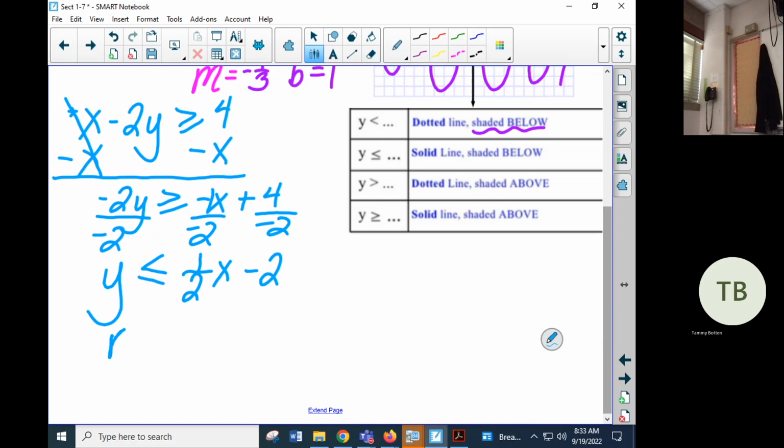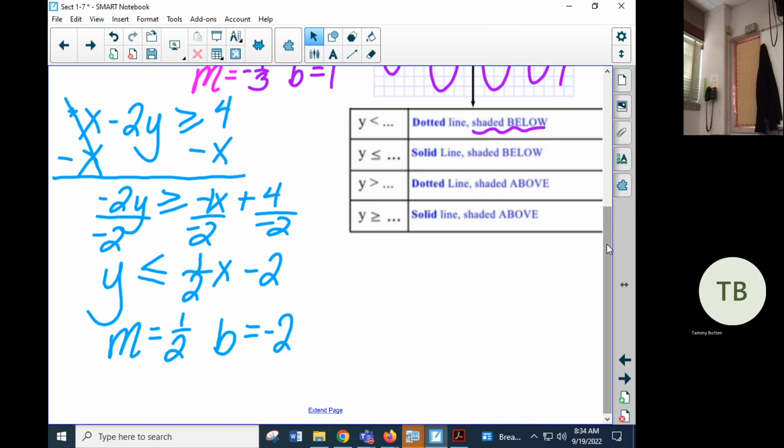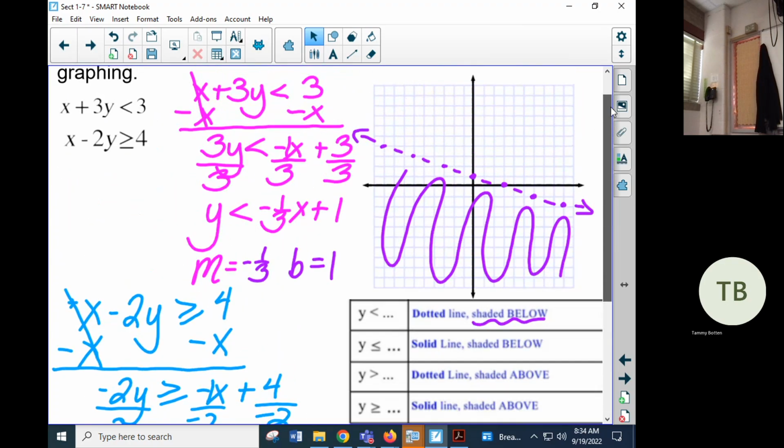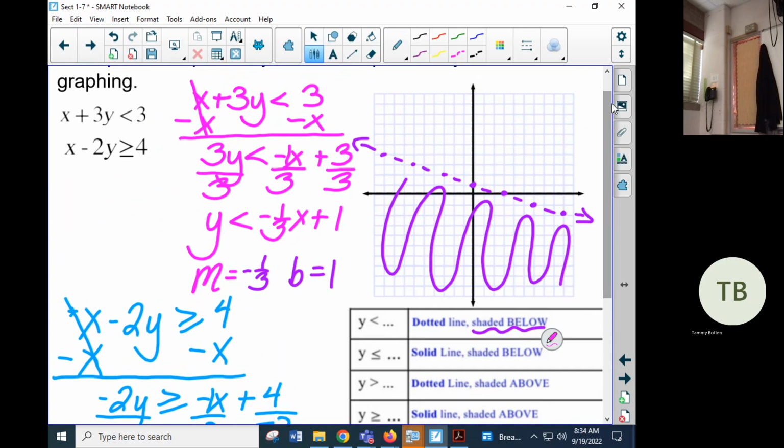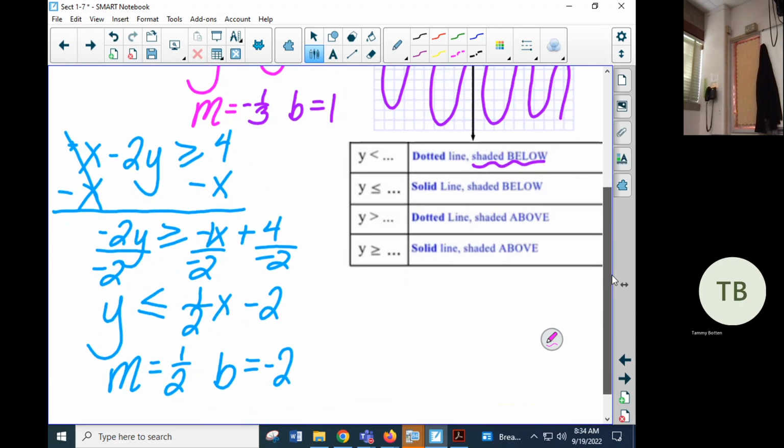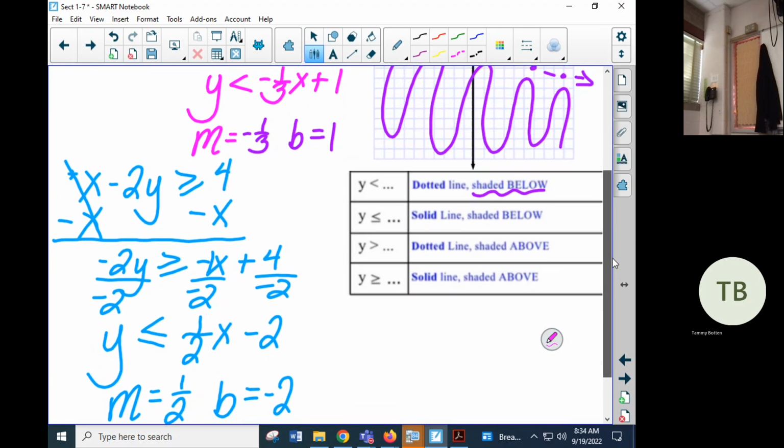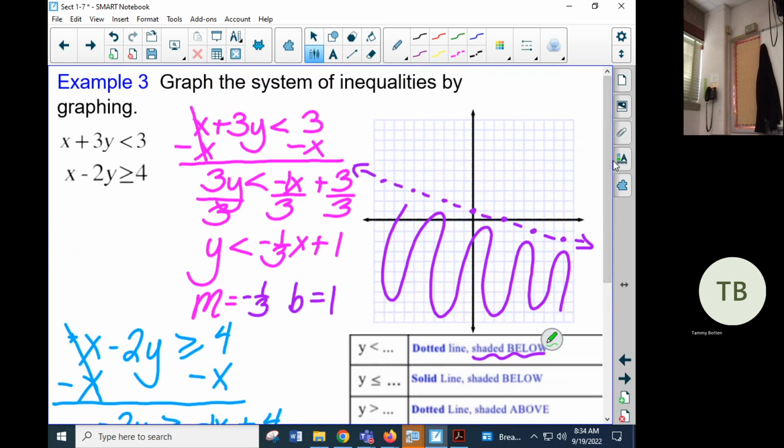So now what I assume here is my slope is 1/2. My y-intercept is -2. Okay. So if I get a graph file, I have, let me see here, -2 and +1. So -2 is right here.